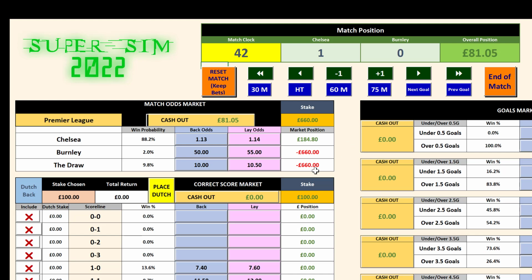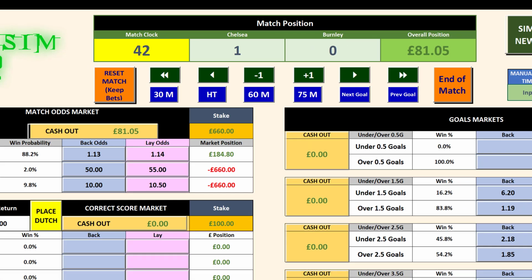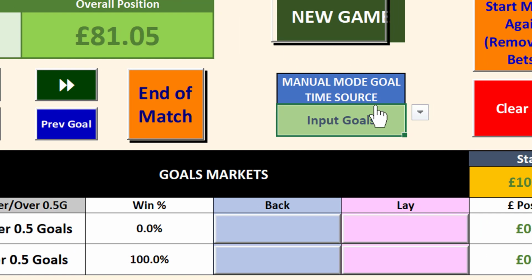So that's pretty notable, and when you are using this software to test your strategies, it's things like this that you're going to look out for. But anyway, let me show you how we can basically test this at random. So what we do here, and this is the key thing, I really want to make sure a lot of people are aware of this. We are in manual mode, so we're going to look for the goal time source.